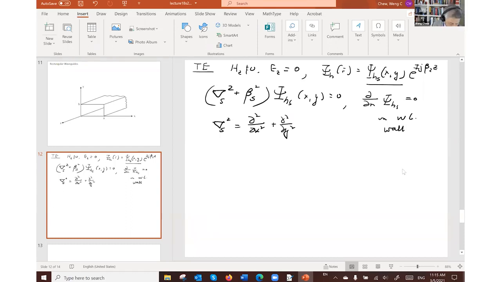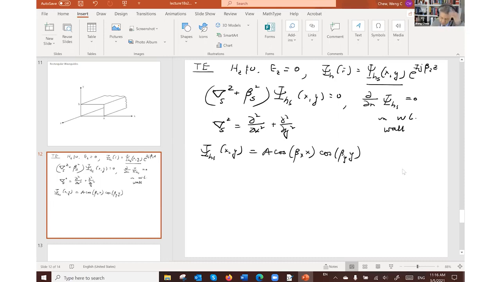Okay, and you can use the separation of variables and show that psi H s(x,y) has to be something like A cosine of beta x x cosine of beta y y.